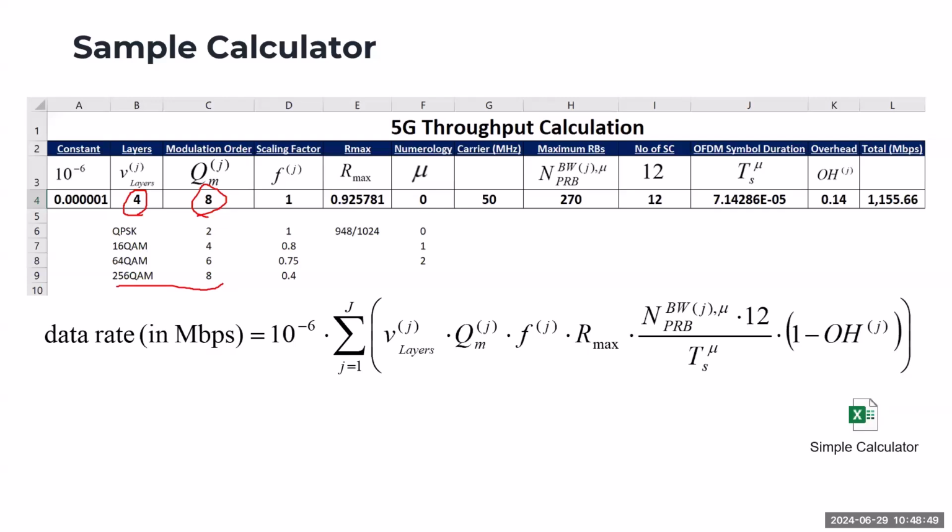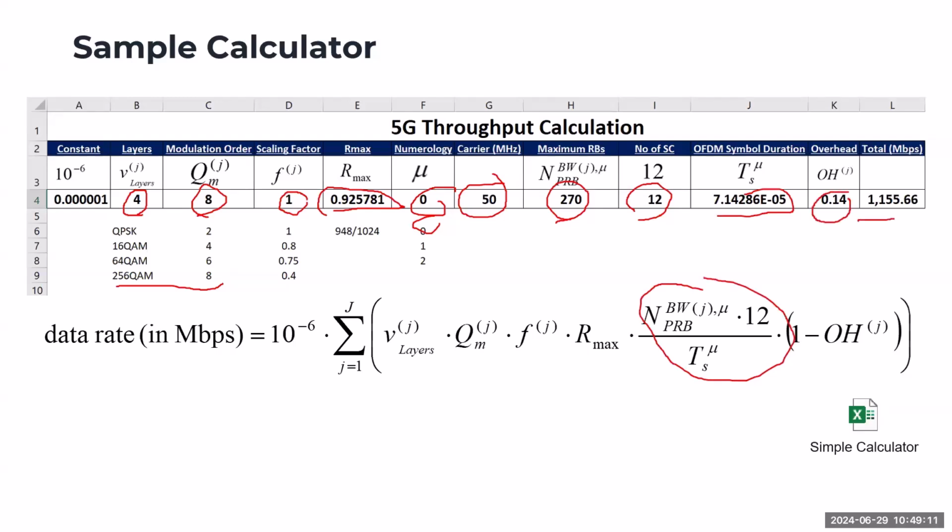I use a scaling factor of 1 just to maximize it. Okay, I use the maximum Rmax. The numerology is 0. Okay, and then the carrier is 50 megahertz. The number of maximum resource blocks is 270. This one, and this one is coming from here. Okay, and I use overhead of 0.4 and total Mbps of 1 gigabit per second.